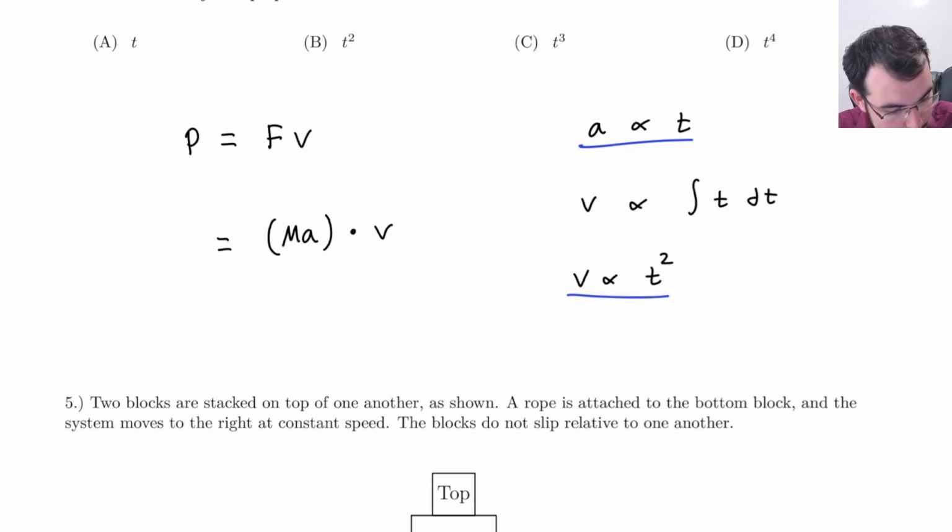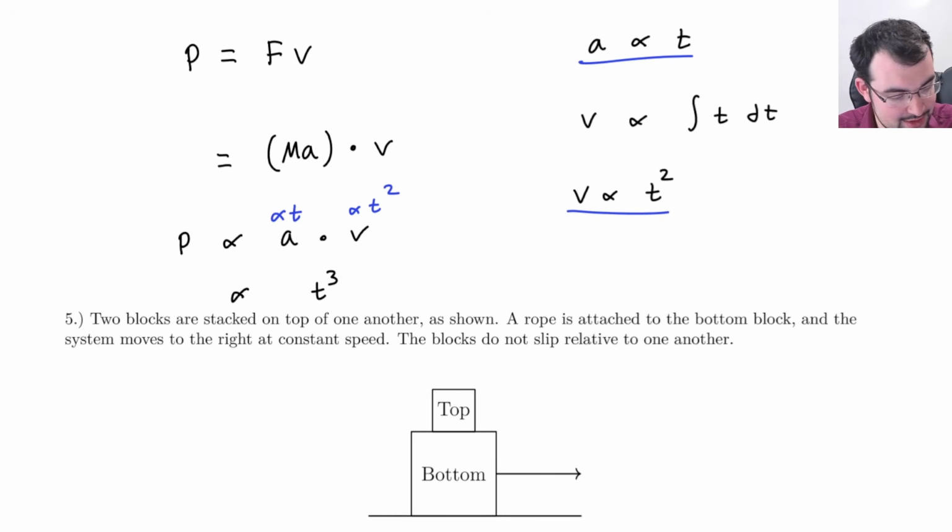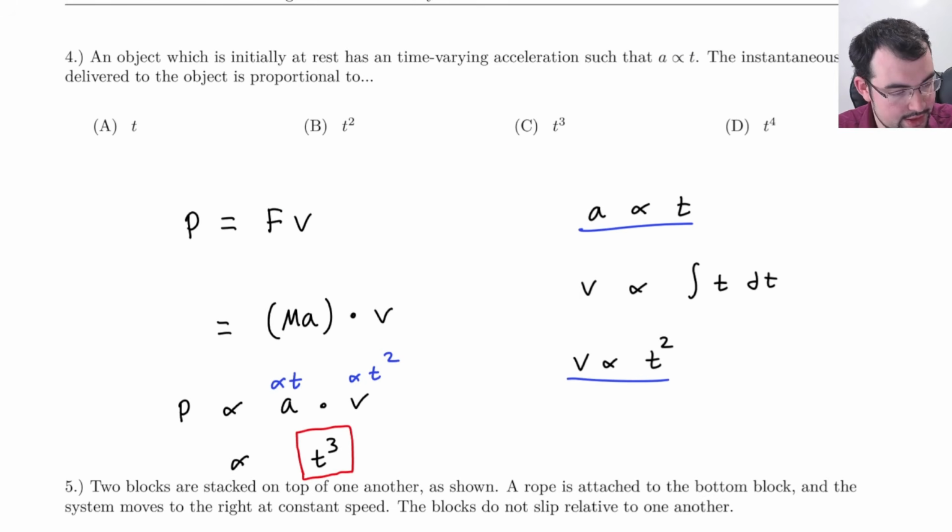So power must be proportional to acceleration times velocity. So we get a t, and we get a t squared, so we get a t cubed. So actually 2 hard ones back to back over here. I did deem this one hard as well.